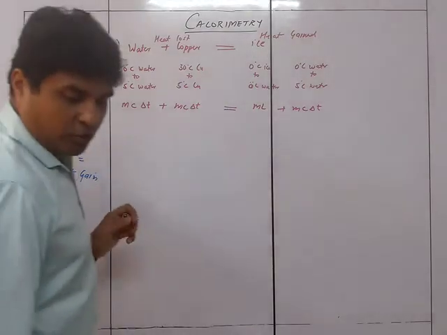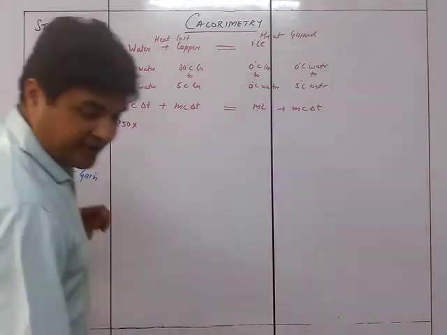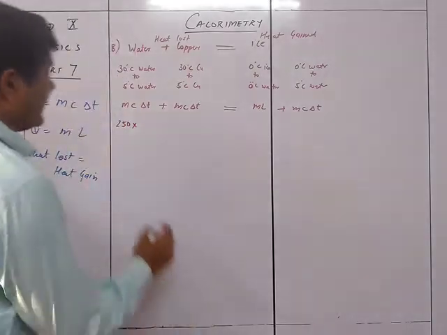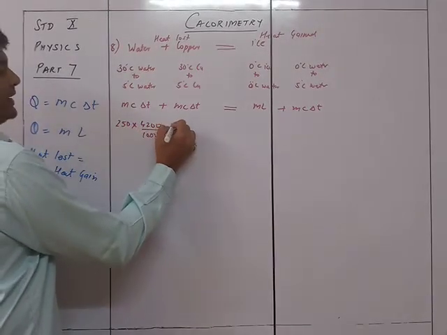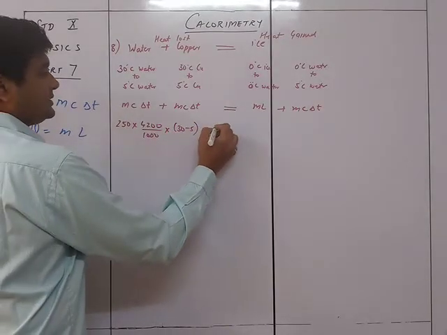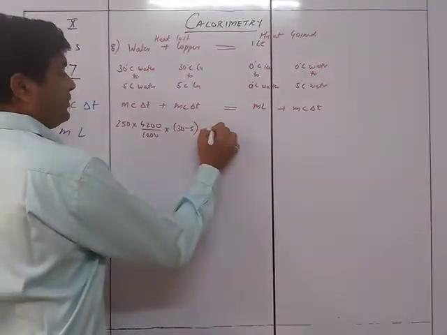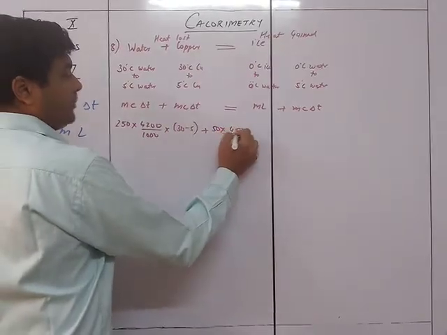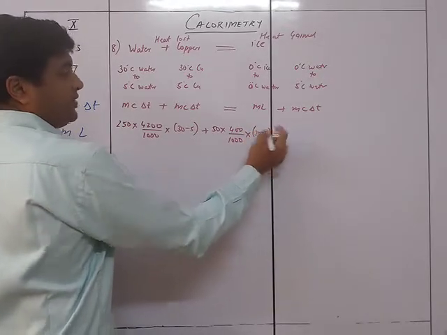What are the conditions over here? 250 grams, so 250 grams into c, which is given to you as 4200. So that is 4200 upon 1000 into delta T, which is 30 minus 5, plus the mass of copper, which is 50. So 50 into the specific heat, which is 400. So it is 400 upon 1000 into 30 minus 5 equals ml.